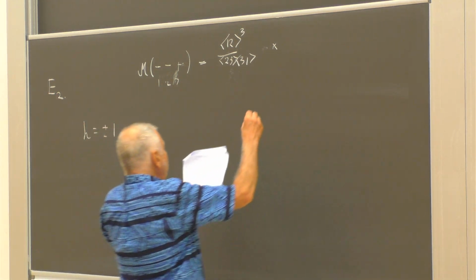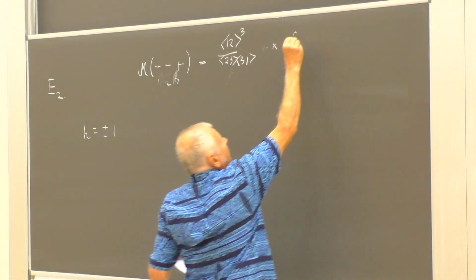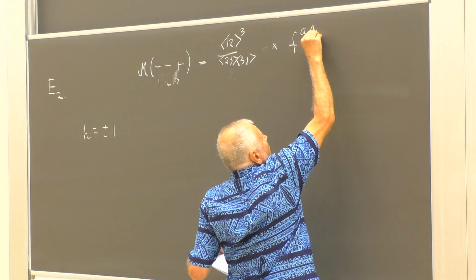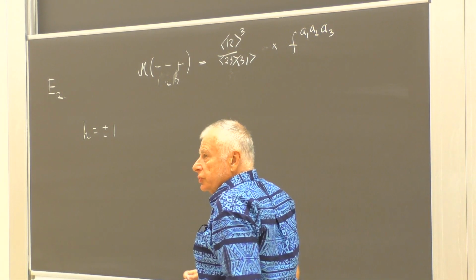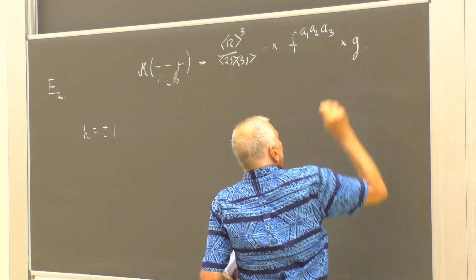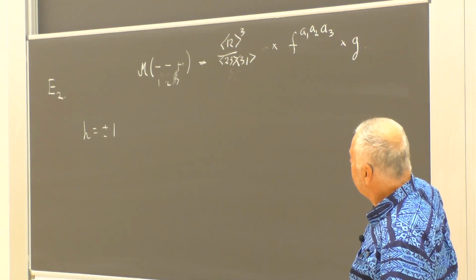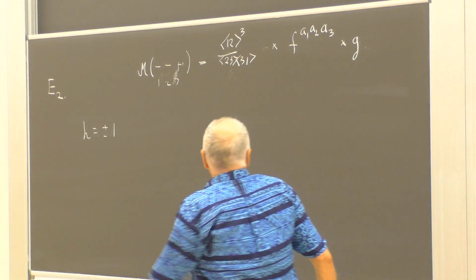Okay, however, in Yang-Mills theory, well, I can distinguish between 3 gluons by introducing the structure constant, and then, of course, there is also the Yang-Mills coupling constant. So that amplitude is something up to now.